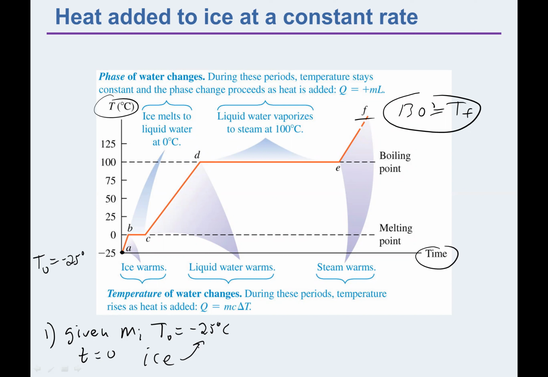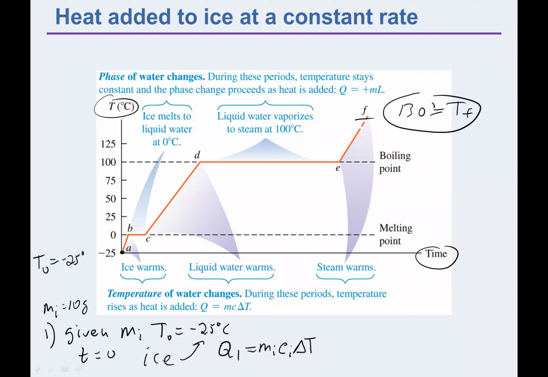So I can solve this stage, let's call it stage 1, by calculating the energy Q1, which will be the mass of the ice cube times the specific heat of ice, times the change in temperature. What will be my change in temperature in this case? Let's say the mass of the ice cube is, I don't know, 10 grams.